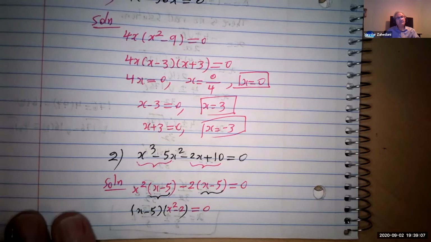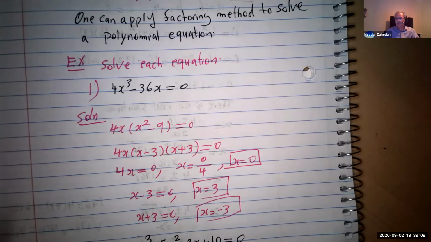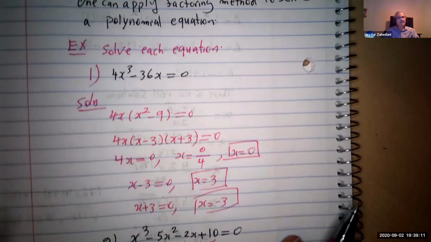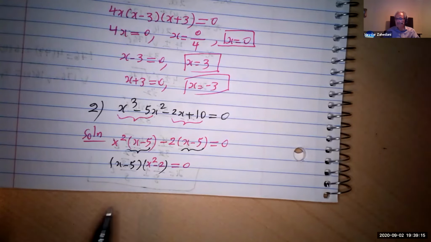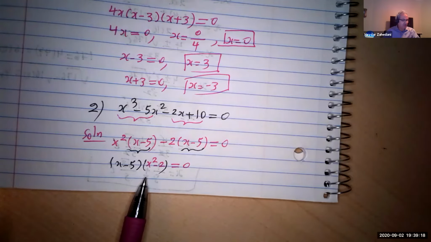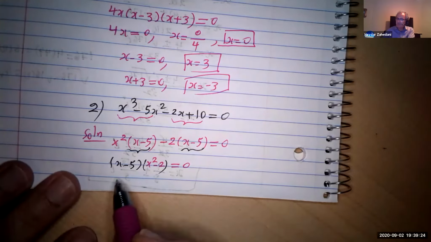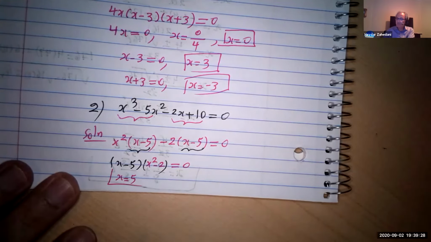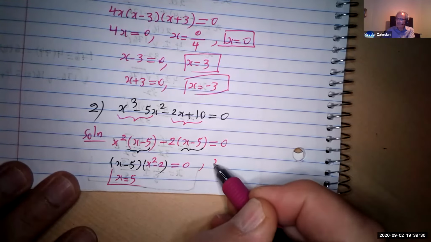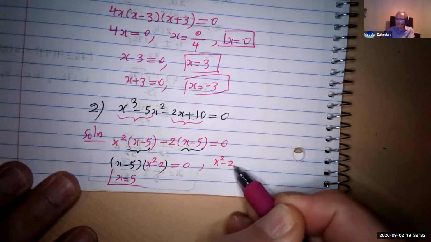So you may be able to find the factor right away, like this one. But otherwise, you may have to use the grouping method. You can go on and factor x squared minus 2 into x minus radical 2 times x plus radical 2, or just leave it as is. So the first factor would give you x equal to 5, one solution. The second factor gives you x squared minus 2 equal to 0.